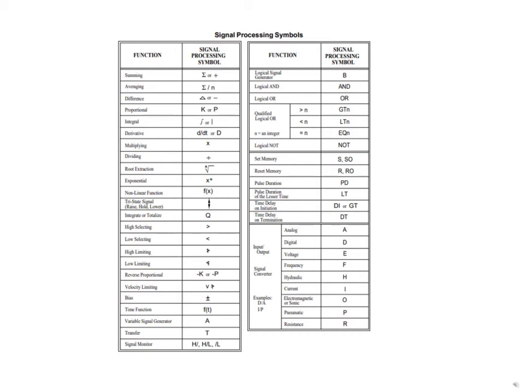And then this table shows the signal processing symbols used to describe functions within each enclosure. Some of these, especially the most commonly used, will be shown in the slideshow in the next subtopic.